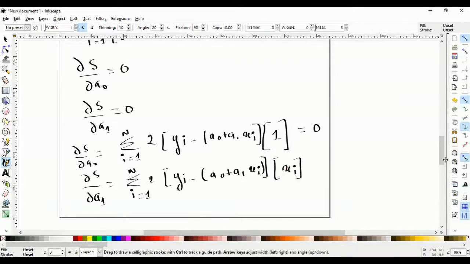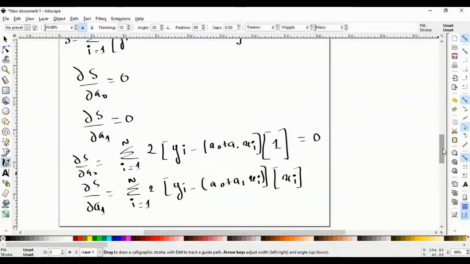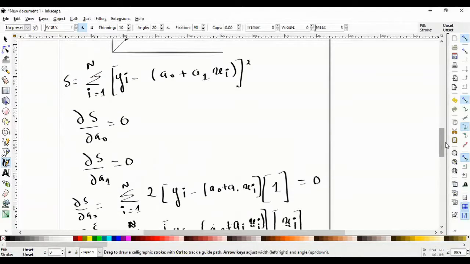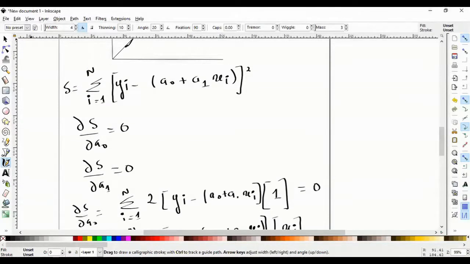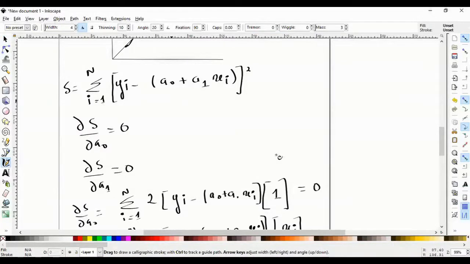Now I will arrange these equations a little bit better, to make a0 appear. Here it's minus 1, because there's a minus, and here it's minus xi.